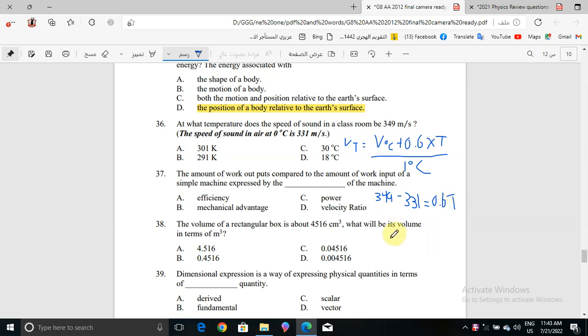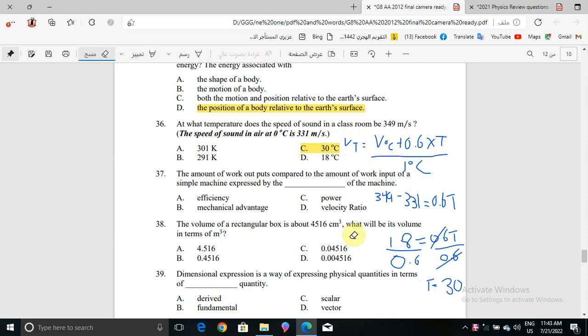Then you will get 18, which is equal to 0.6 times the temperature. Then divide both sides by 0.6. Then the temperature, you will get 30. So the correct answer for question number 36 is choice C, which is 30 degrees Celsius.